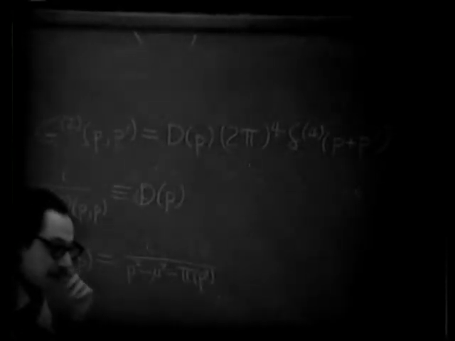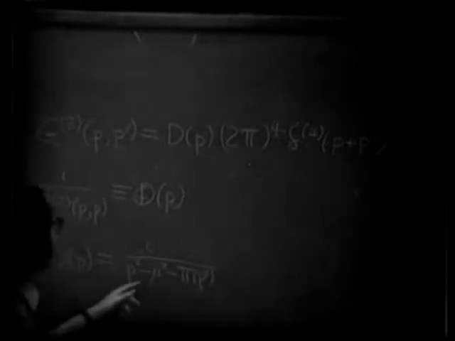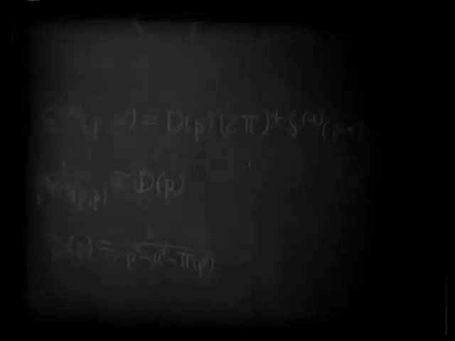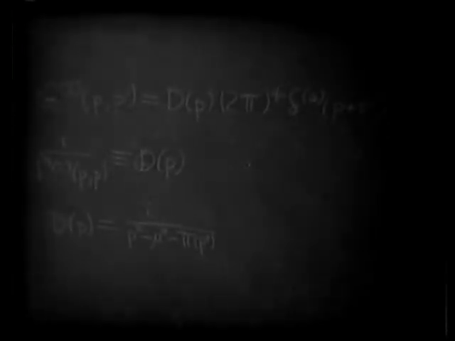Everyone remembers that? That came from summing up the geometric series. All I've really done is add, aside from a possible factor of i or minus i, which I haven't bothered to trace out from my old definitions, a p squared minus mu squared to the old definition of the one-particle irreducible graph with two external lines. Okay, so all I've done is added an extra term, a trivial extra term determined by the free Lagrangian.